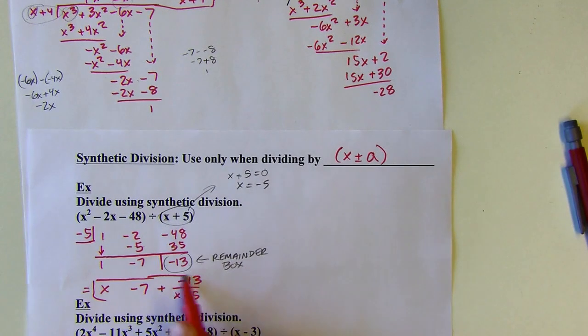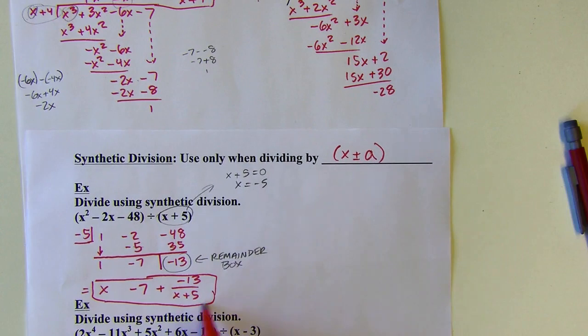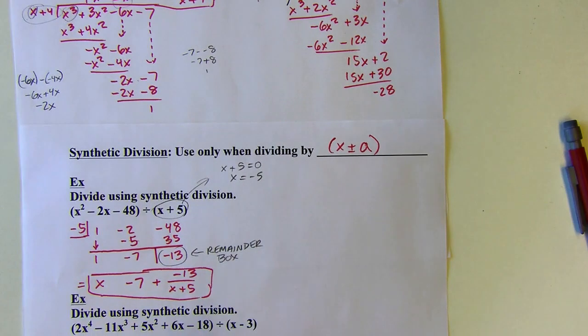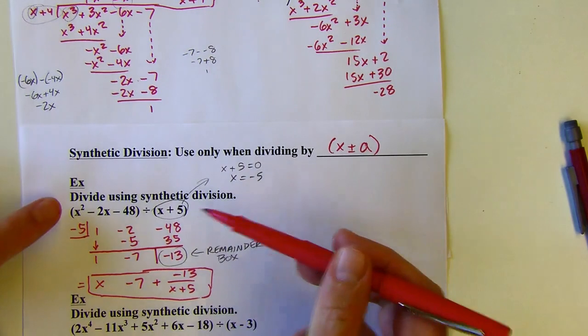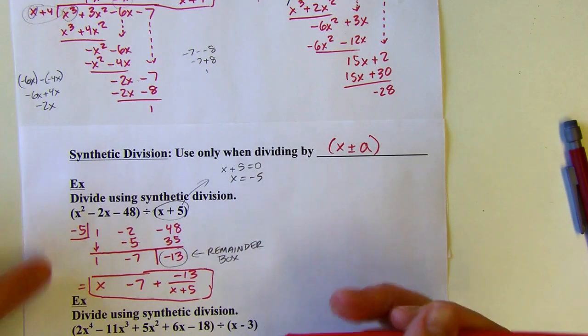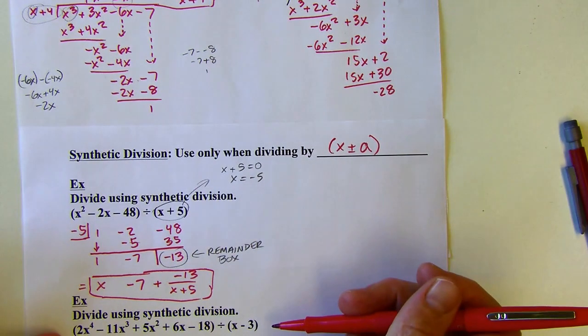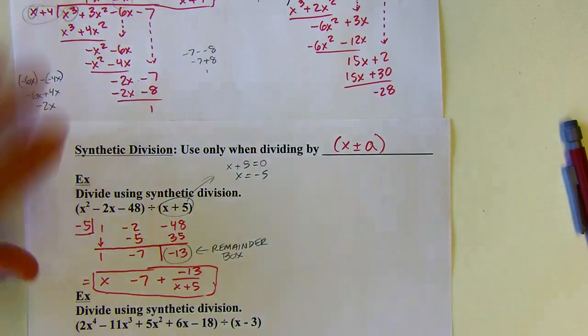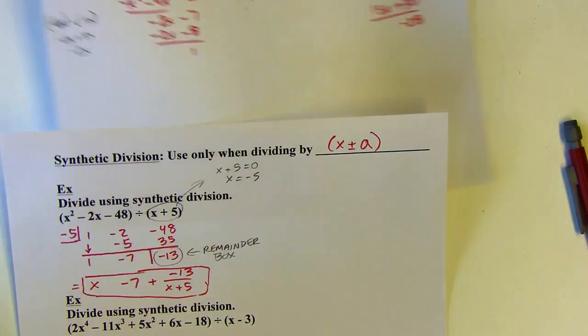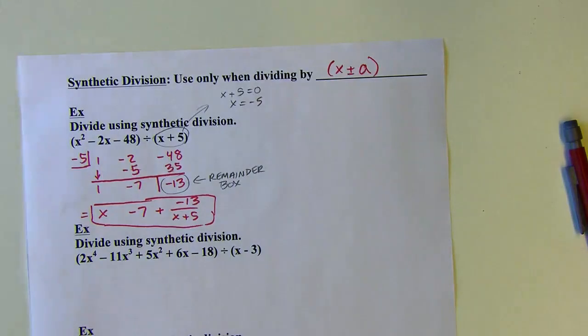Okay, and you could try this out with long division, you would get the exact same result. It's not really much quicker when it's a pretty small problem like this, but when it gets to be a longer problem, this next one would take me a while with long division, but I can do it really quickly with synthetic division.